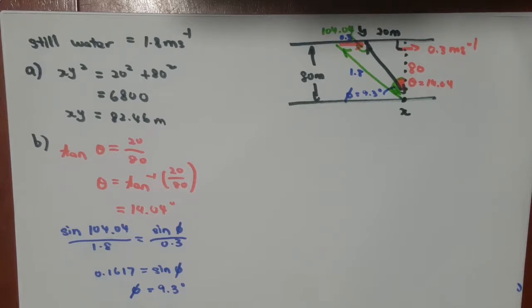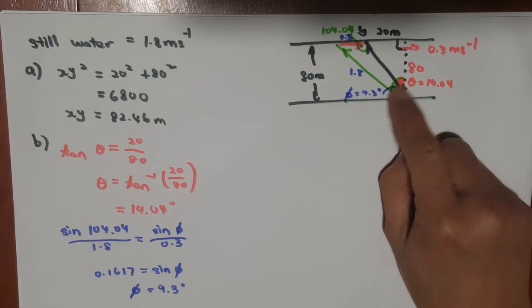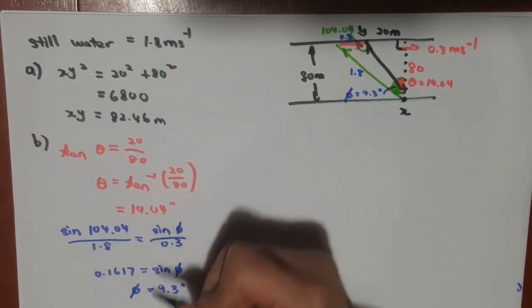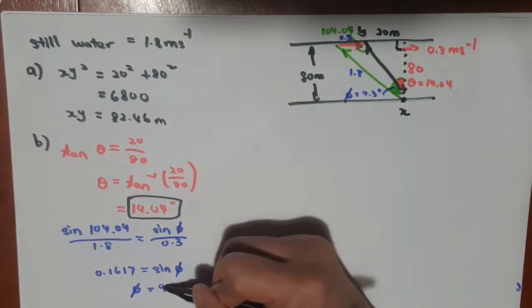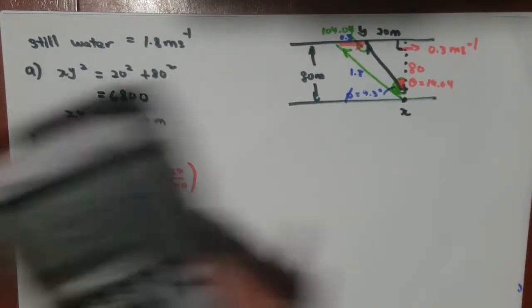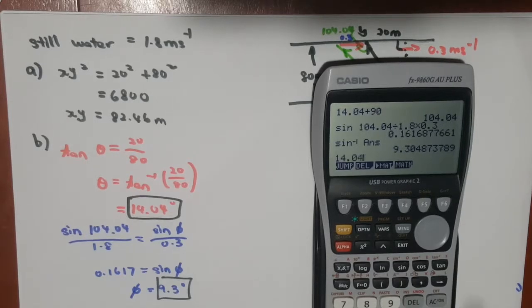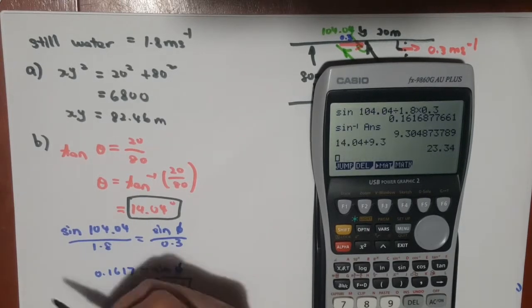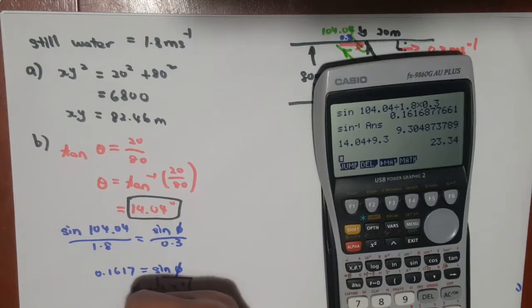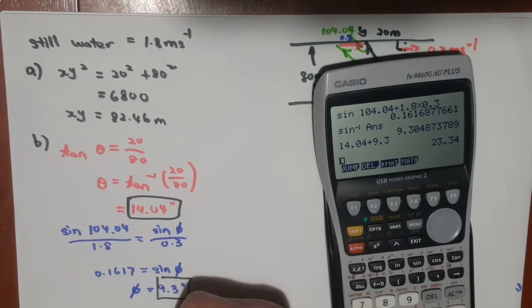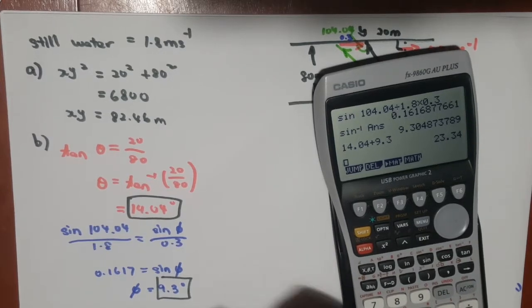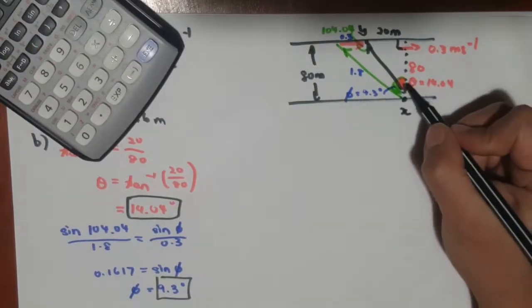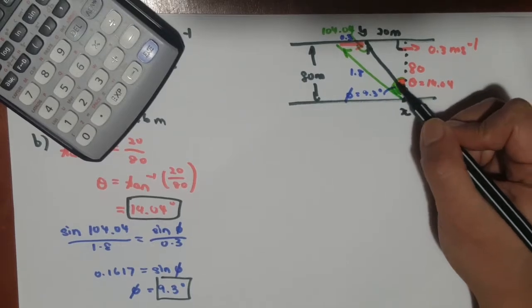To answer the question, which direction should Stephanie aim, we can add these two angles together. By adding the first angle and the second angle, 14.04 plus 9.3, I can get 23.34.